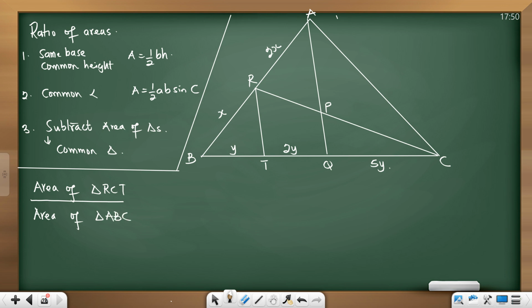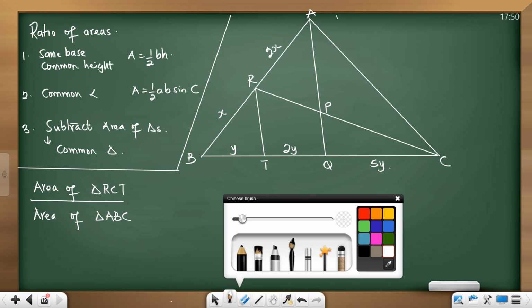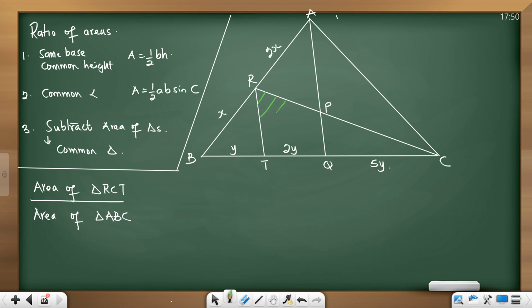ABC. Okay. Let's check. ABC is the big triangle, right? Do you notice? All right. ABC is the big triangle. And RCT, let's do this. If I do this, probably it could help you.